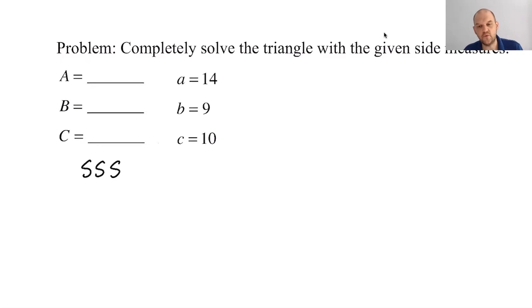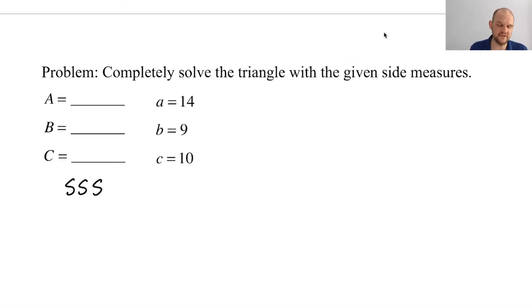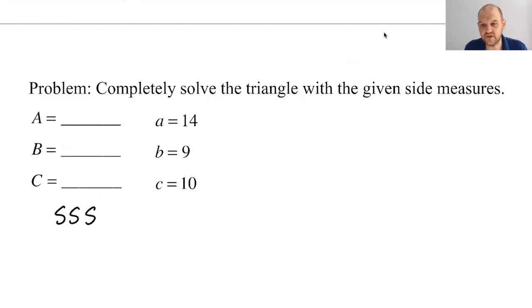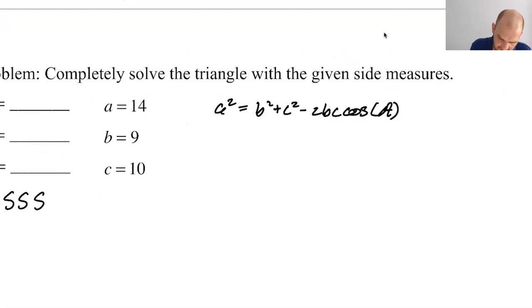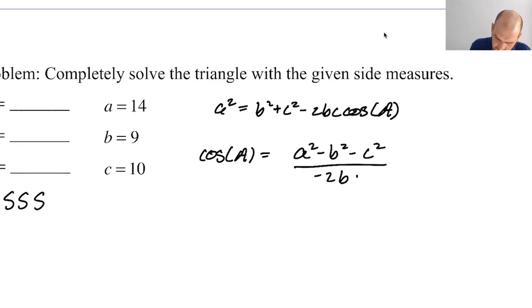What you might choose to do depends on how you want to deal with this. I'm just going to write down the law of cosines. I'm going to say that a squared equals b squared plus c squared minus 2bc cosine of A. Then you can solve this, and you would get that the cosine of A equals a squared minus b squared minus c squared, divided by negative 2bc.